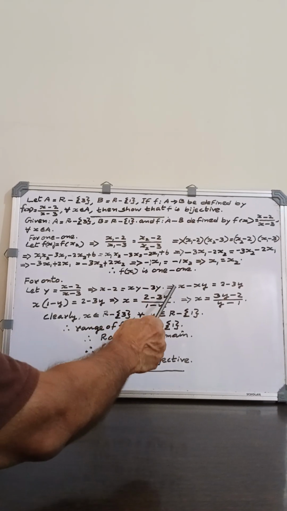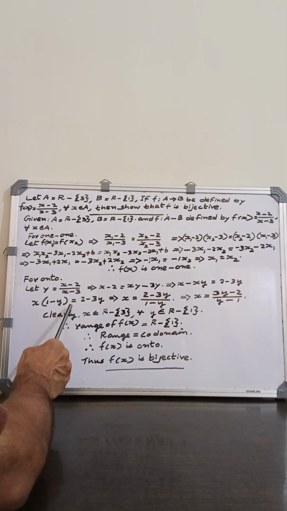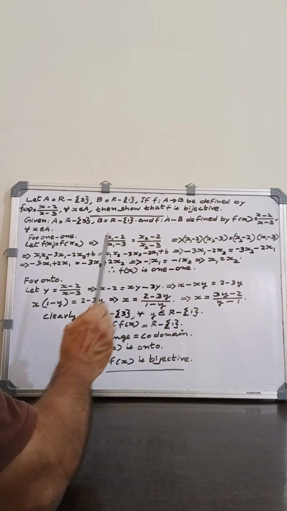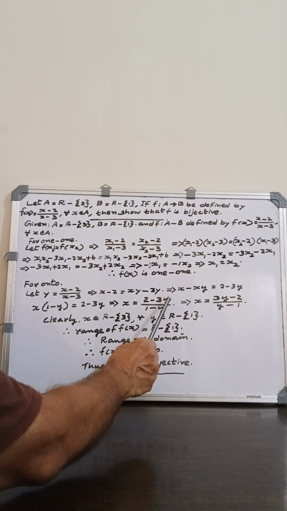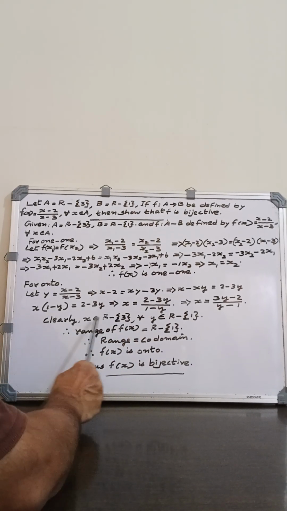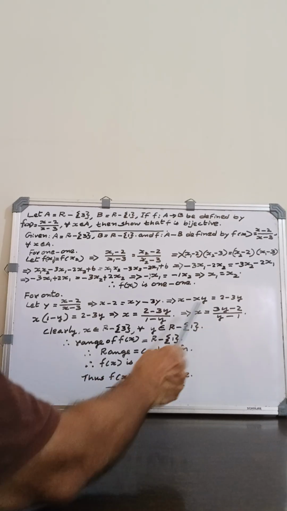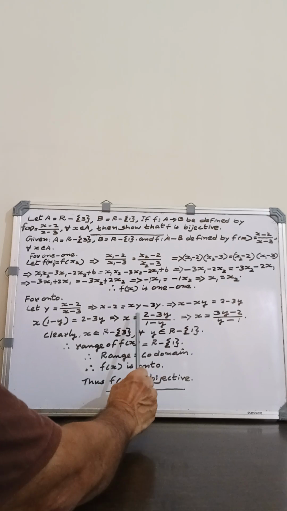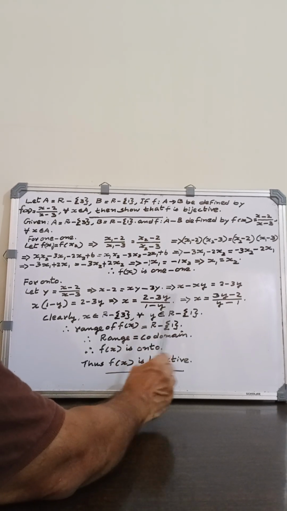That is, taking x common here, x(1 − y) equals 2 − 3y. That is x equals (2 − 3y)/(1 − y). That is x equals (3y − 2)/(y − 1), taking minus common outside.